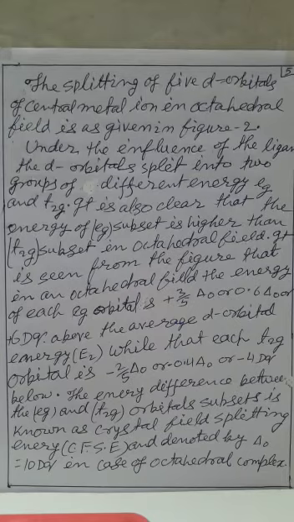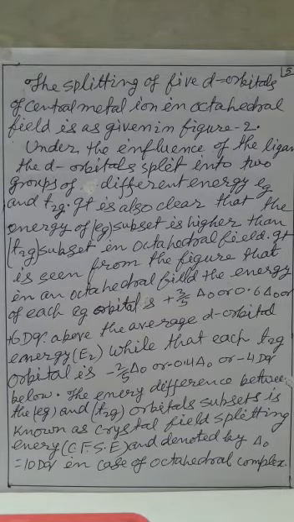It is seen from the figure that in an octahedral field, the energy of each Eg orbital is plus 3 by 5 delta O or 0.6 delta O or plus 6 Dq above the average d orbital energy E2, while that of each T2g orbital is minus 2 by 5 delta O or minus 0.4 delta O or minus 4 Dq below.